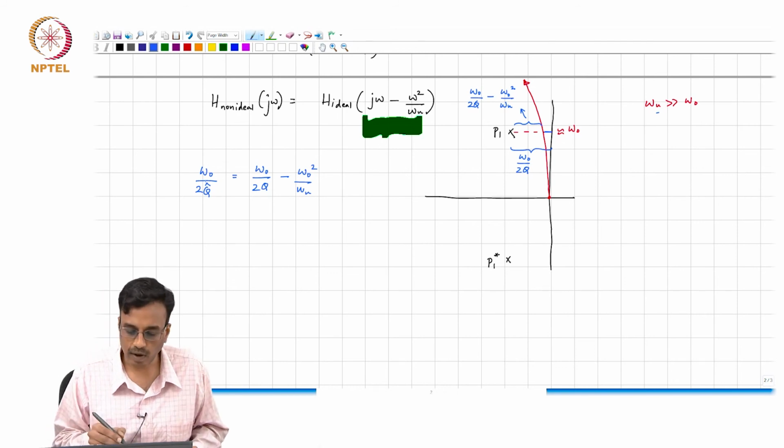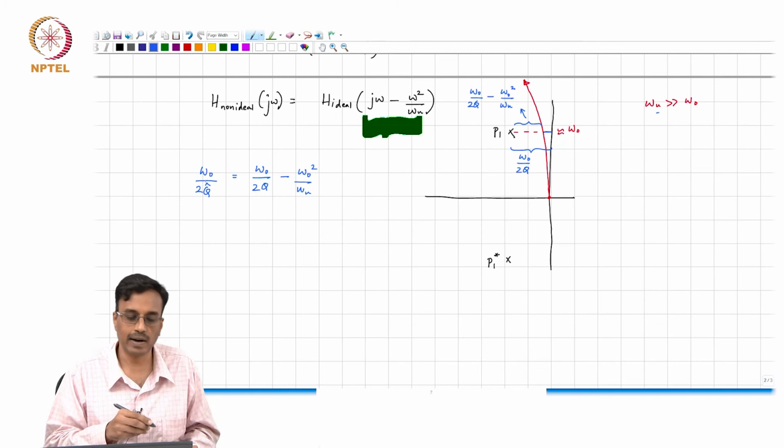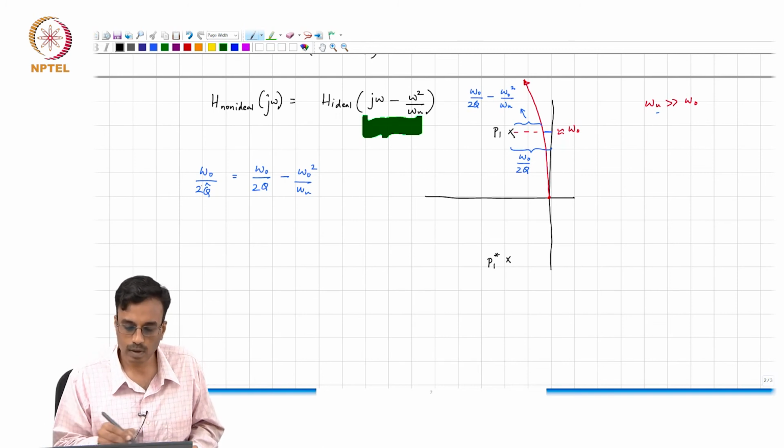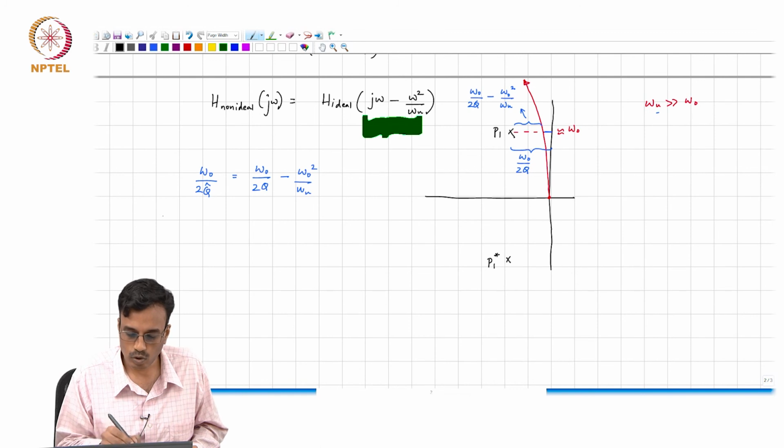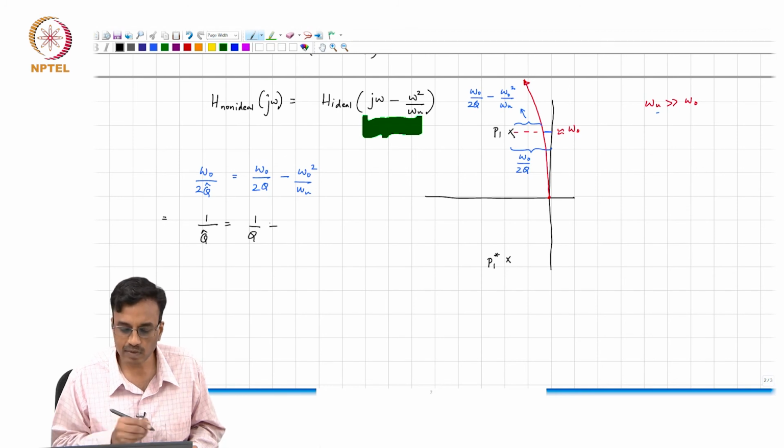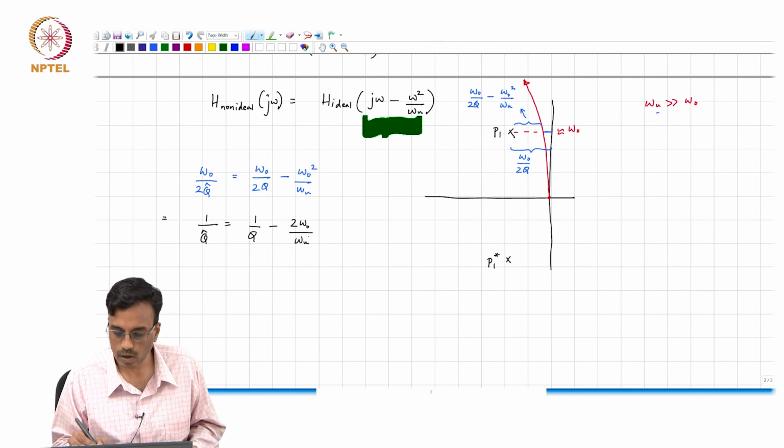So, how is q hat related to q? So, which basically means 1 over q hat equals 1 over q minus 2 omega naught square over omega naught omega u.